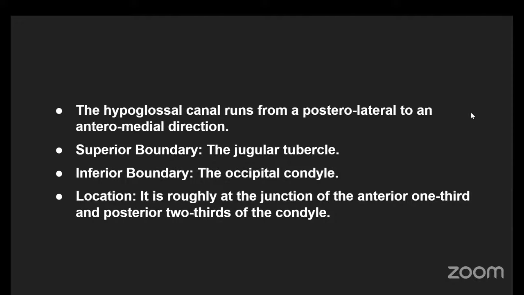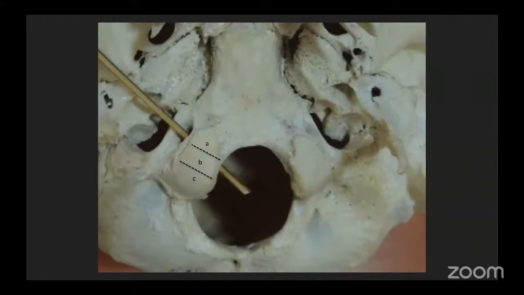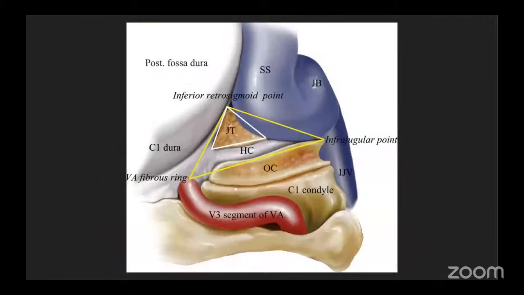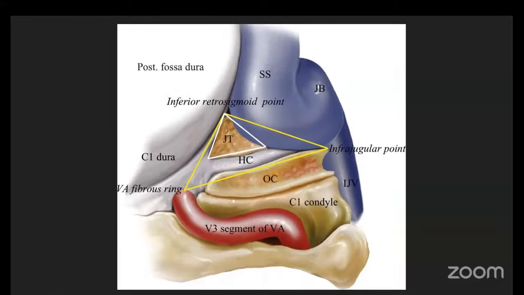So now do you get the direction that I was talking about? This is the hypoglossal canal. It's going from posterolateral to anteromedial. And this is a coronal section. What is this showing? This is showing the close approximation of the vertebral artery, the condyle, and the hypoglossal nerve.